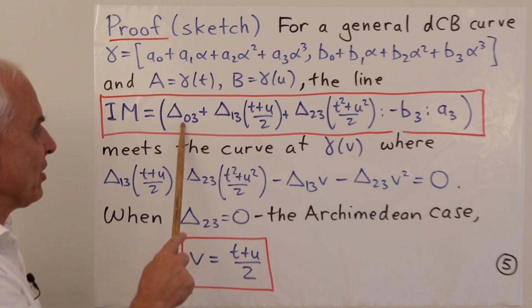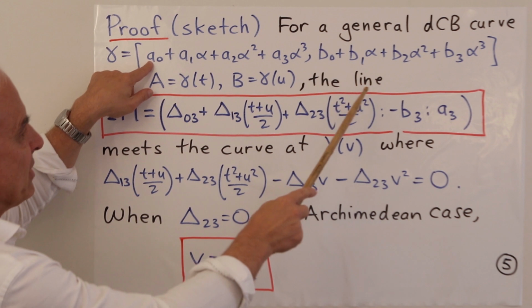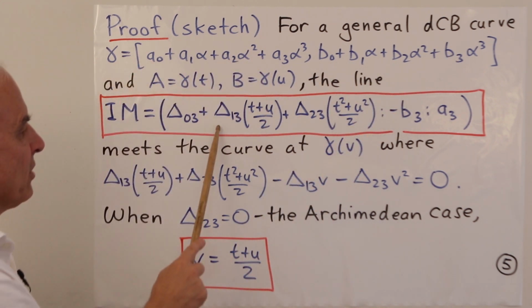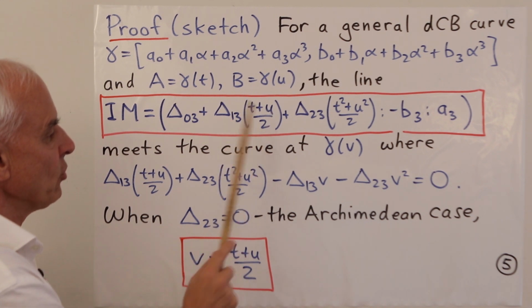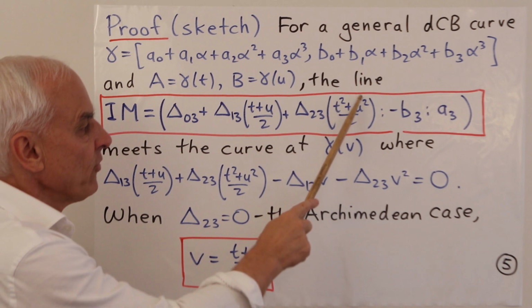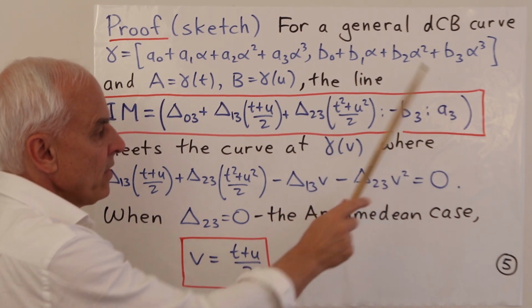So delta 0, 3, that's the particular cross product of the A's A0, B3 and A3, B0. And here's a delta 1, 3 times t plus u over 2. And here's the delta 2, 3 times t squared plus u squared over 2. And the other coefficients are minus b3 to a3.